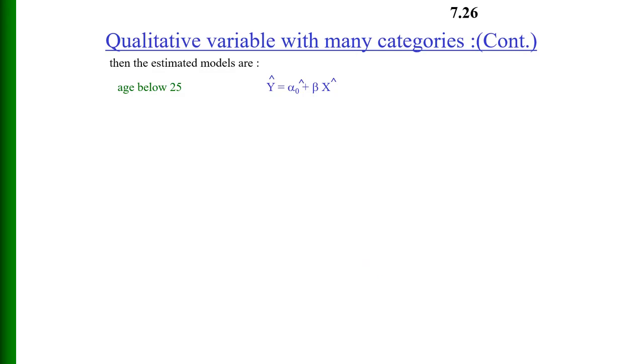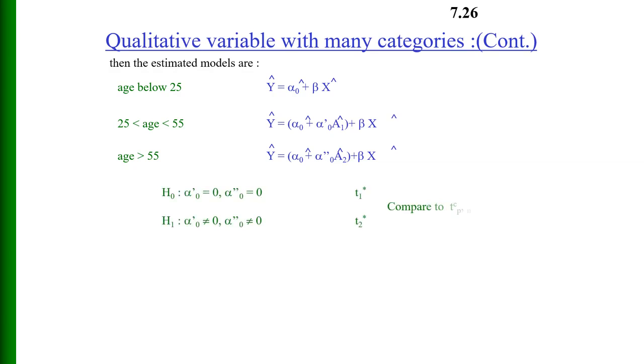So then the estimated models are these. One is for age below 25, one is for age ranging between 25 and 55, and one is for age above 55. H naught is that alpha naught prime is equal to 0, alpha naught double prime is equal to 0, and the alternative is that alpha naught prime is not equal to 0, alpha naught double prime is not equal to 0.